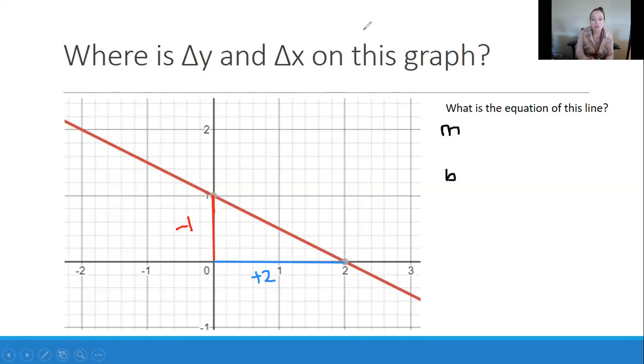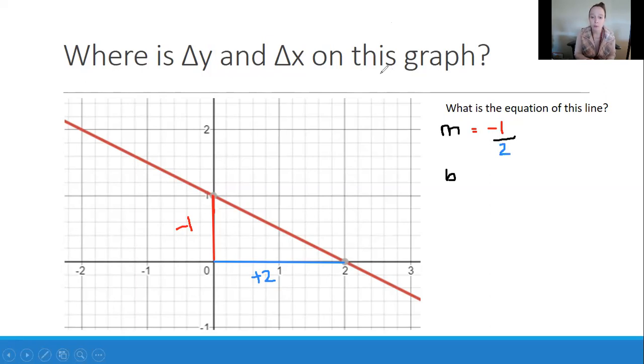Your m is your slope, which is your rate of change, and it's always going to be a fraction. It's your change in y, which tells you your distance vertically, divided by your change in x, which is how far you've gone horizontally. So vertical change divided by horizontal change. If I said that backwards earlier, I apologize. So my slope is -1/2.